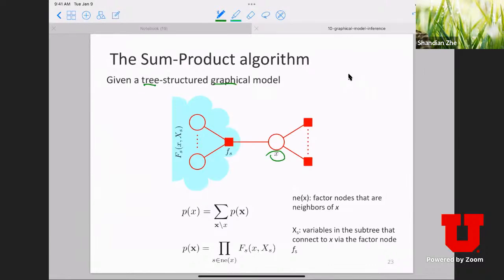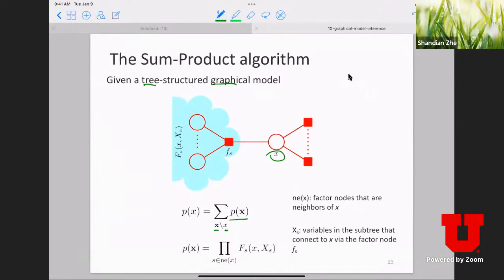From the definition, that means you're going to marginalize out all the other variables other than small x in your joint probability. And because it is a tree structured graphical model, remember the tree structure means that there are no cycles.